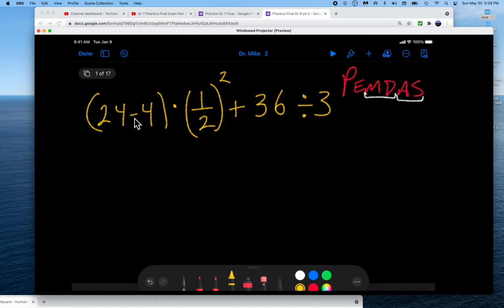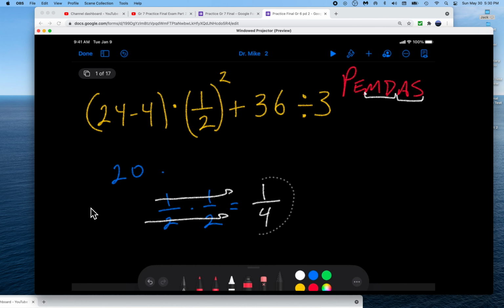So folks, we have parentheses, we have an exponent, we have division, and we have addition. So let's do the parentheses first. 24 minus 4 is going to simplify to 20. Let's then do this exponent. Okay, what is 1/2 squared? 1/2 squared is 1/2 times 1/2. And again, folks, when you have fractions, you multiply straight across, and that's going to be 1/4.